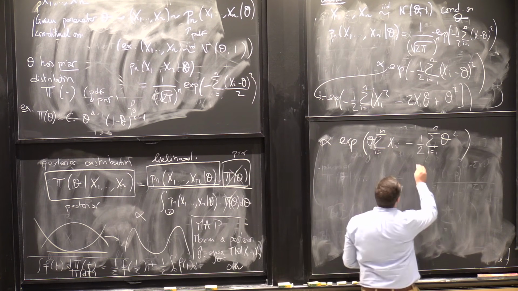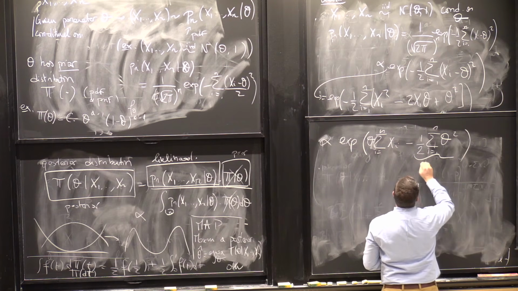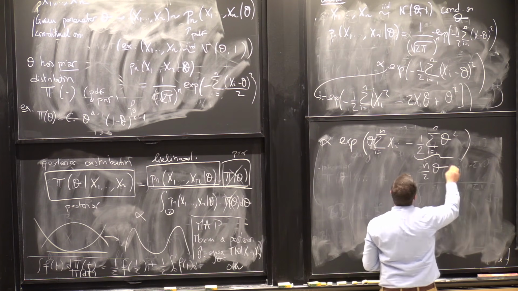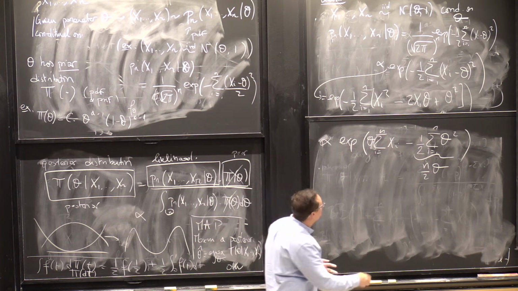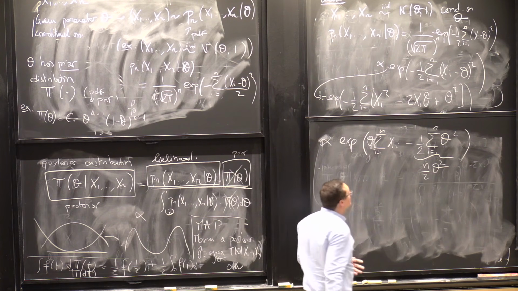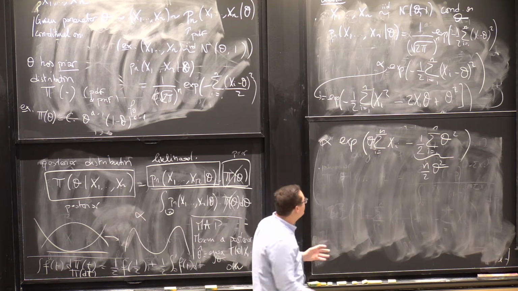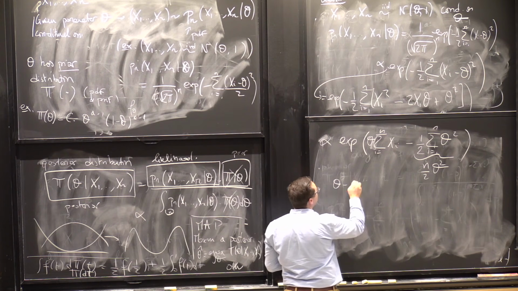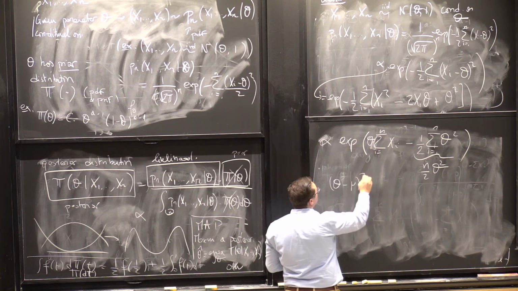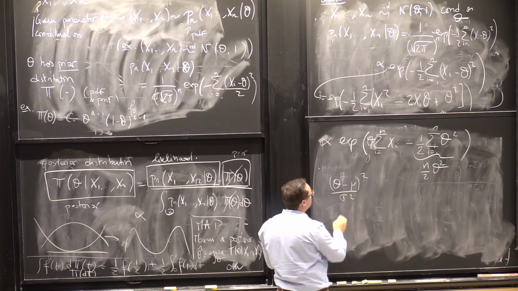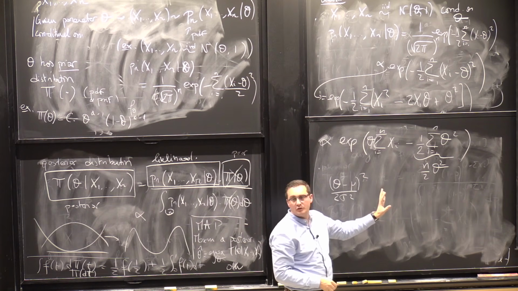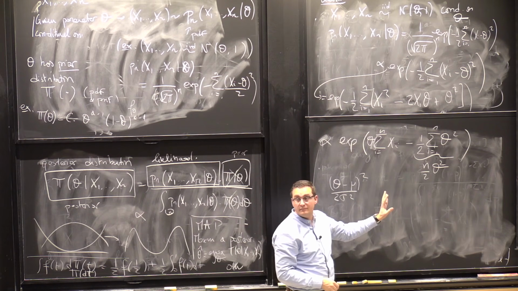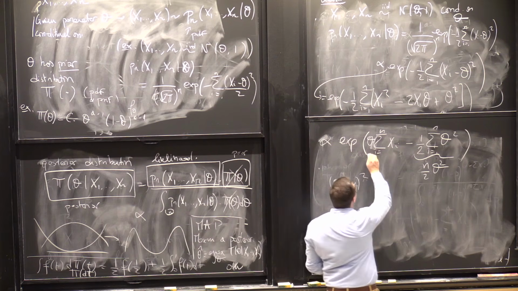This thing here is really just n over 2 times theta squared. So now what I need to do is to write this in the form theta minus something, let's call it mu, squared, divided by 2 sigma squared, right? I want to turn this into that, maybe up to terms that do not depend on theta. That's what I'm going to try to do.